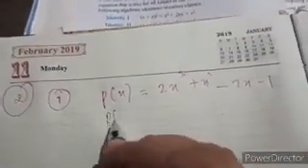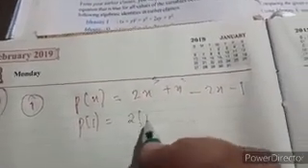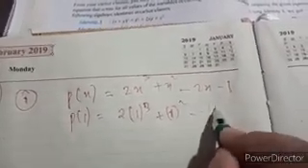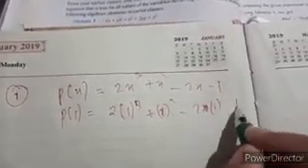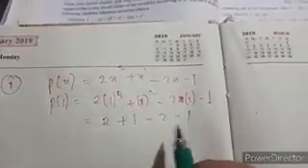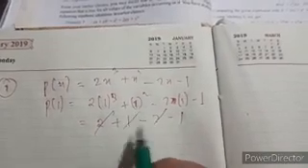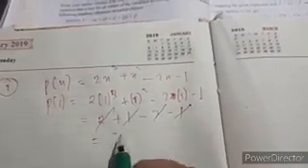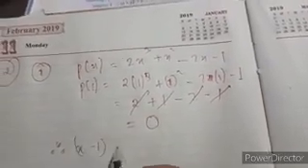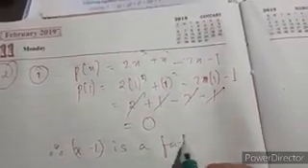First you have to take 1, and check for which value you get the remainder to be 0. So 2 plus 1 minus 2 minus 1, this and this are cancelled, plus 1 and minus 1 are cancelled, so you are getting remainder 0. Therefore I can write that x minus 1 is a factor.